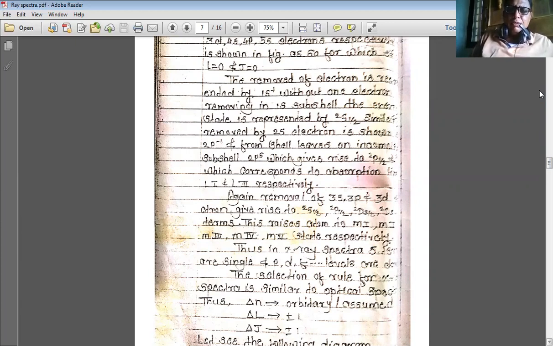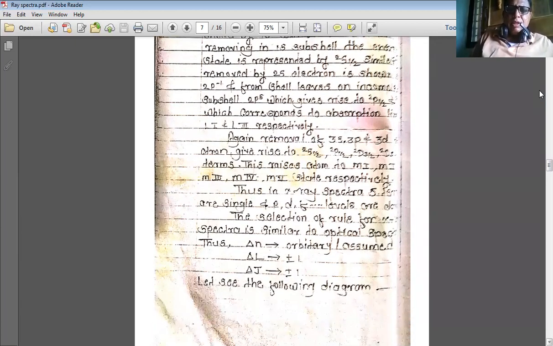So in this case, the selection rules for the alpha spectrum are similar to the optical spectra. Thus delta n is arbitrary, delta L is equal to plus or minus 1, and delta J is equal to plus or minus 1. And let's see the following diagram.